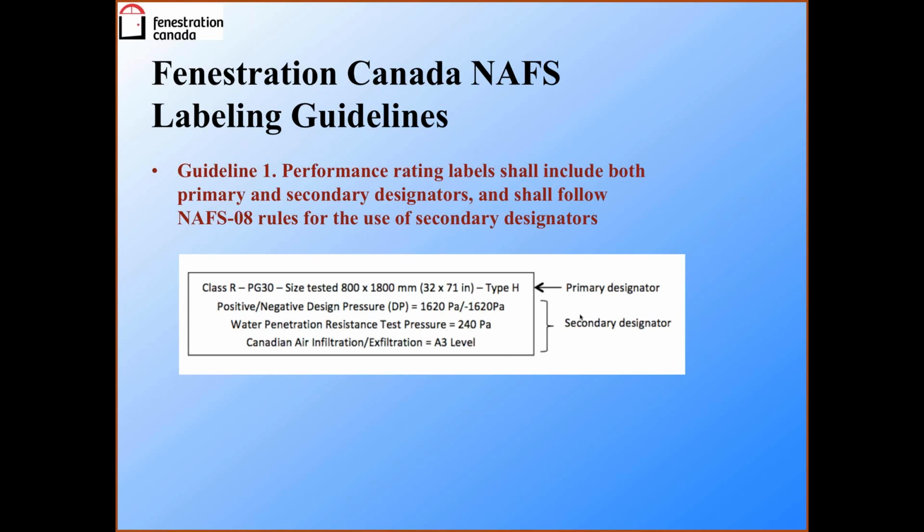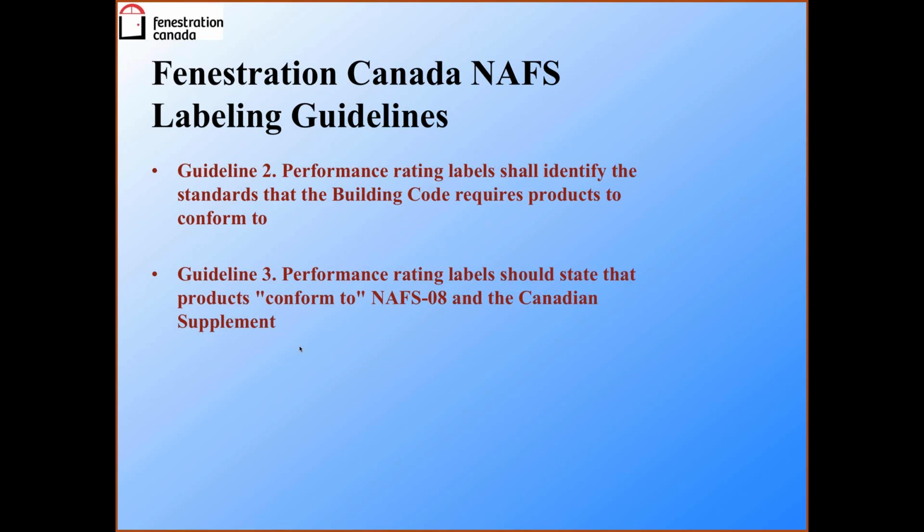So it's very important to understand that for Canadian labeling, in the U.S., for example, just complying with NAFS, the first 2 lines would be sufficient. But in Canada, we require the additional 2 lines here to spell out the requirements. So the document goes in and outlines and explains that.